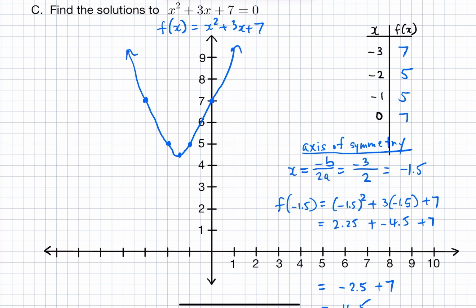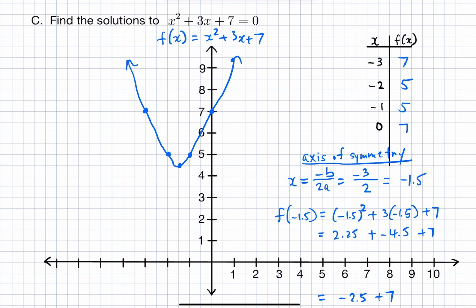Okay, so in this case we would say that the answer to this equation is no solution. No solutions. And there are no solutions because this parabola does not intersect this axis.